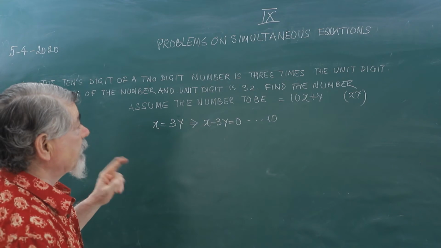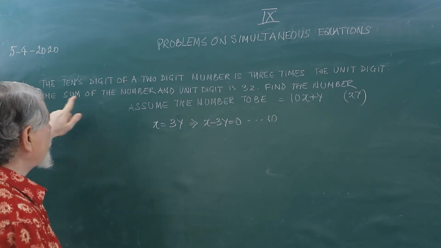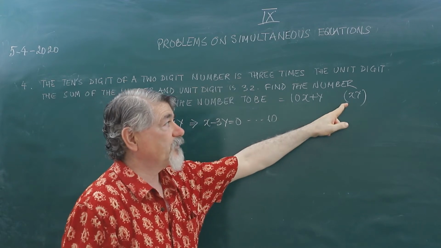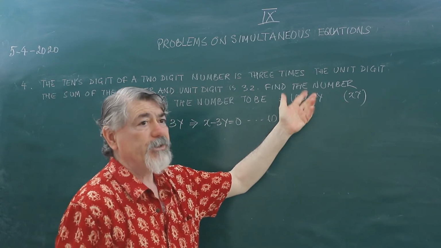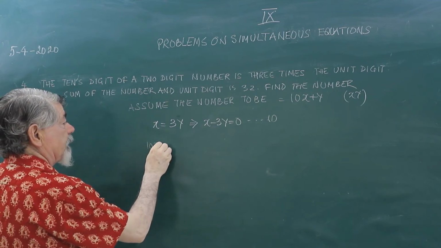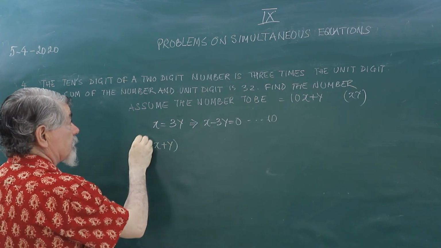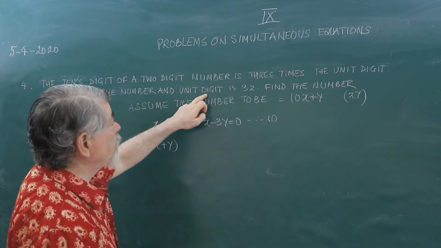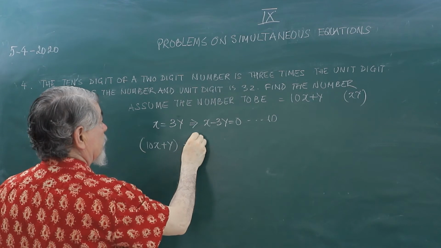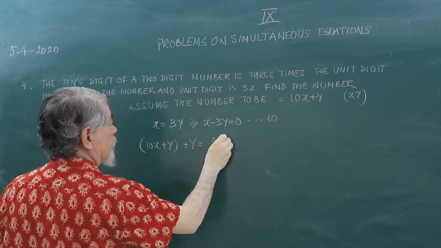Now let us see the second condition. The sum of the number. What is the number? 10x plus y, not xy. We assume the number always in the expanded form. The sum of the number 10x plus y plus the unit digit, which is y, is 32.